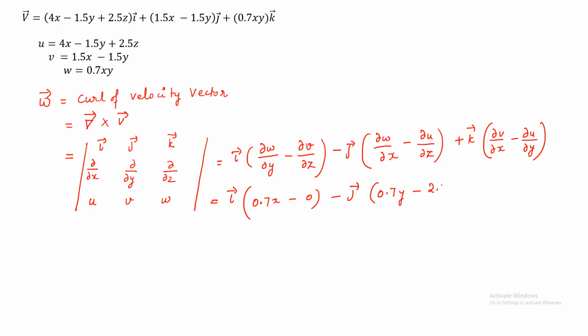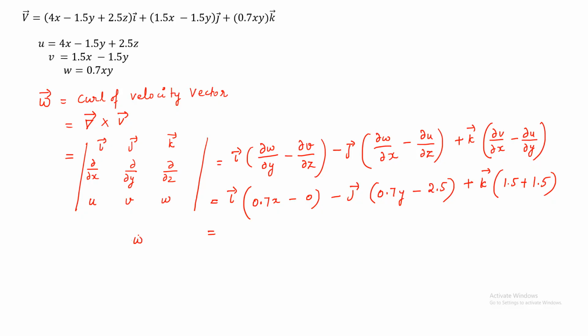For k, we differentiate v with respect to x, which comes out to be 1.5, minus the derivative of u with respect to y. We have a term of minus 1.5y in u, so upon differentiation it becomes plus 1.5.